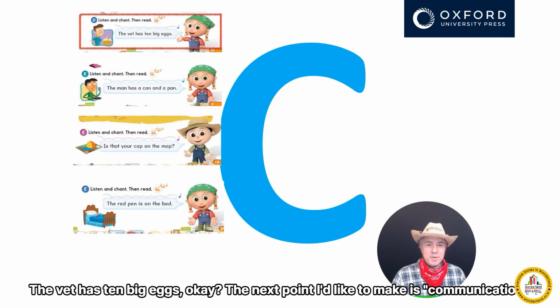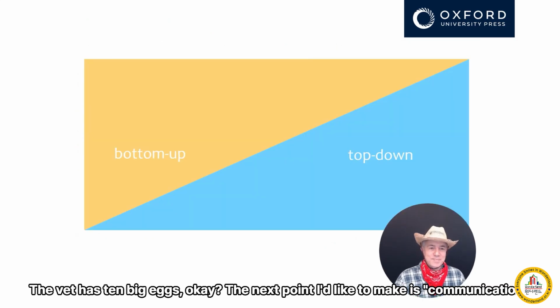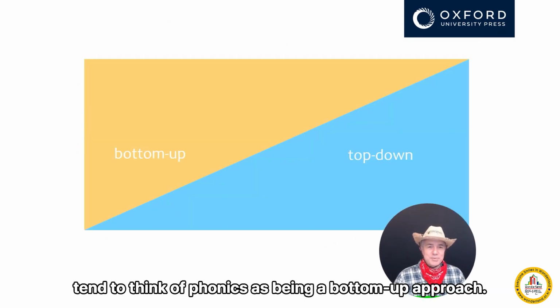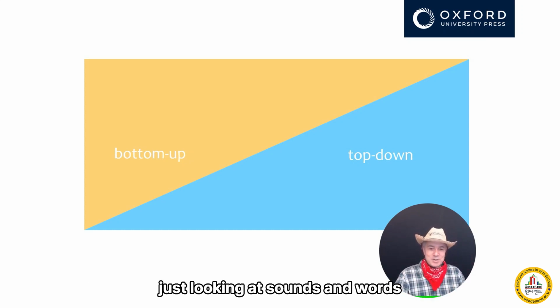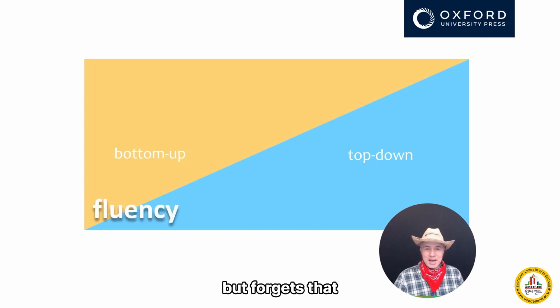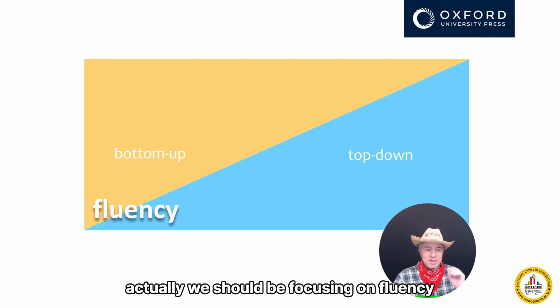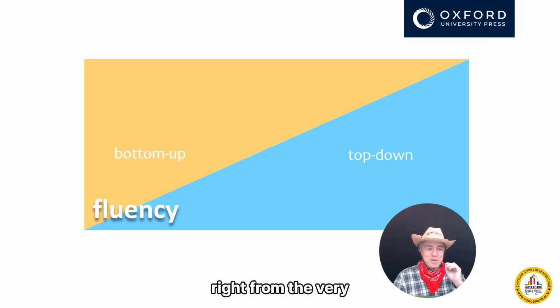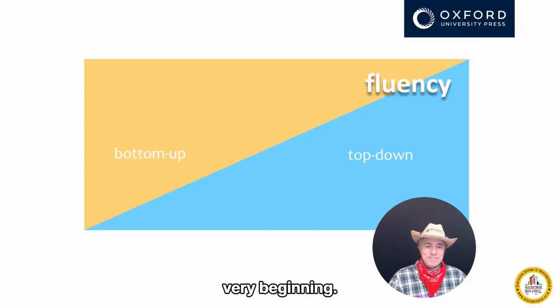The next point I'd like to make is communication. A lot of people tend to think of phonics as being a bottom-up approach, just looking at sounds and words, but forget that actually we should be focusing on fluency right from the very, very beginning.